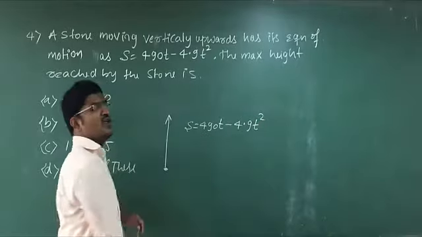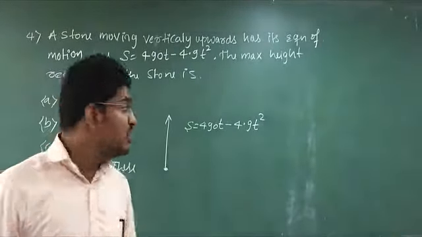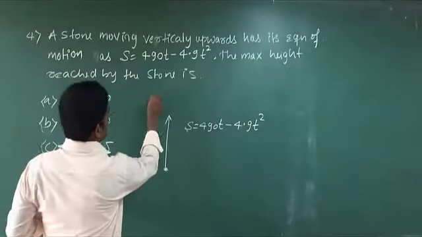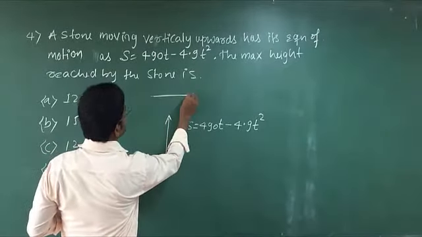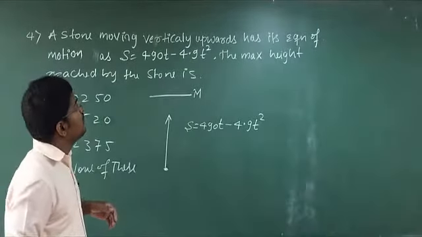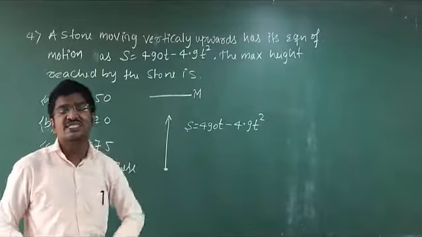This is the equation of the movement of the stone vertically. So the maximum height, let us consider this is maximum height m. The maximum height reached by the stone is, they are asking.